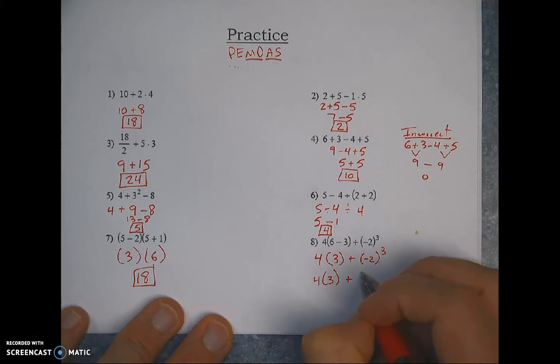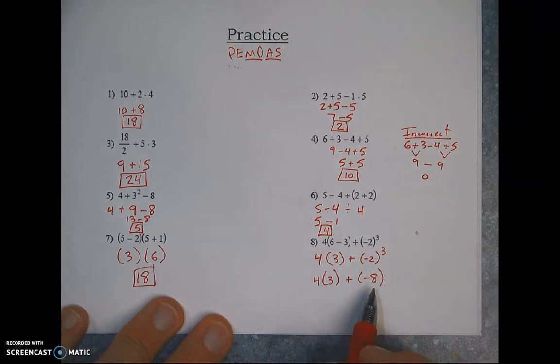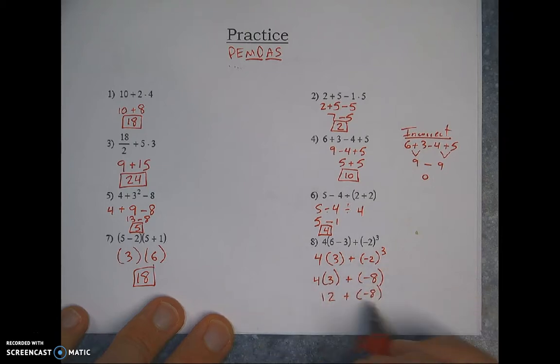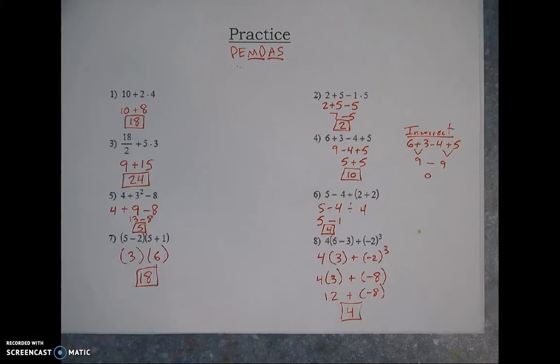That's going to give me a negative answer. And 2 times 2 times 2 is 8. Okay, this is why we spent so much time on exponents the past couple of days. It's really important that we know that's negative 8, not positive 8. All right, now I'm going to multiply before I add. So now I have 12. And the last thing I do is combine these two, addition, and my answer is 4.